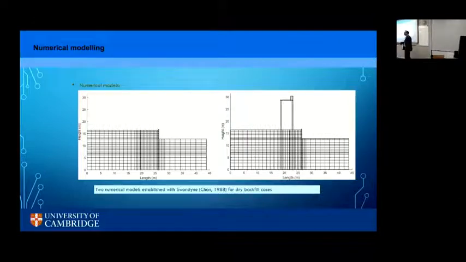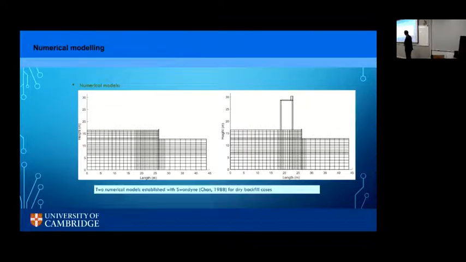So I'm introducing another one, which is the numerical modeling here. So we can do these analyses using some specialist finite element code called SWANDYNE, which we use, but you could do it in FLAC or PLAXIS or ABAQUS, where you can create meshes like this, where that is just the retaining wall, and this is the retaining wall with a structure.